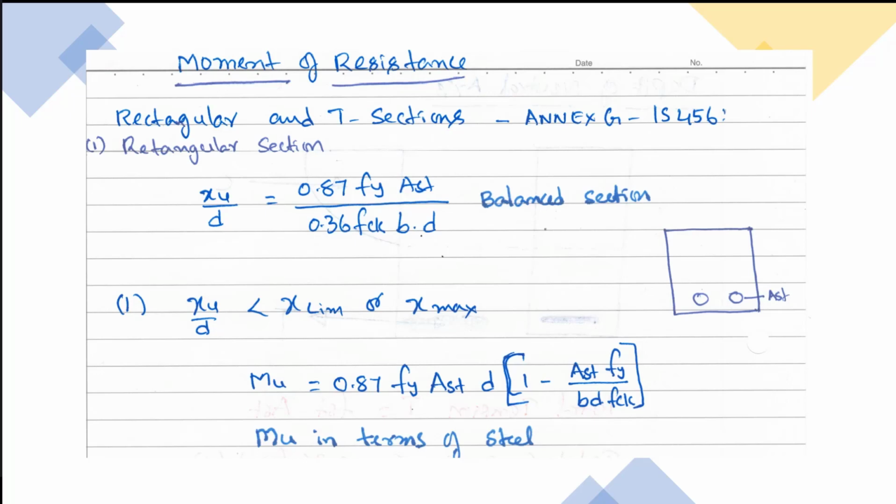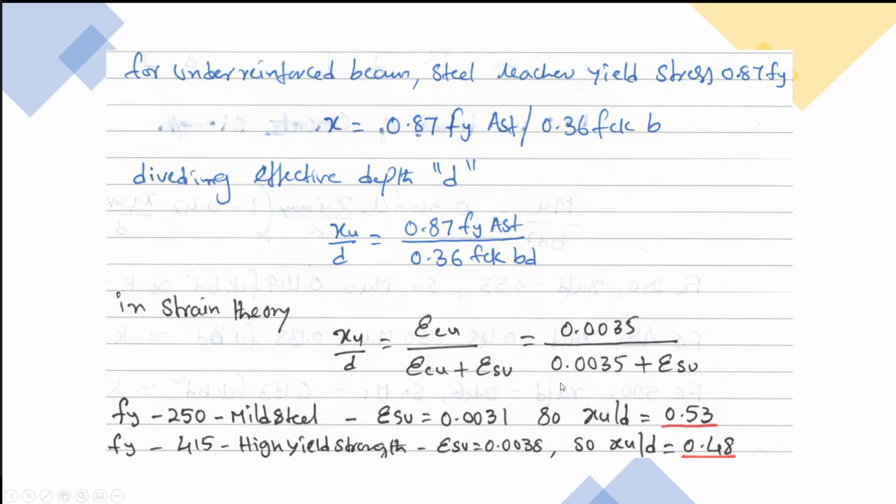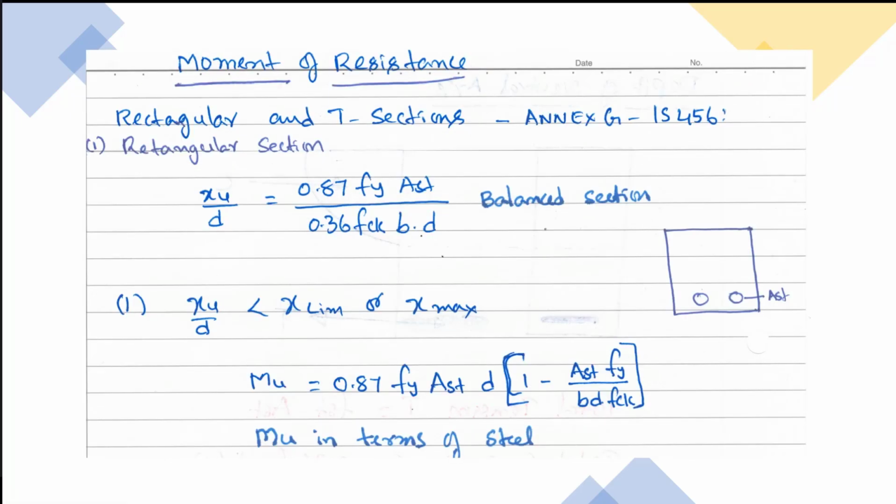So for rectangular sections, Xu by d equals 0.87 Fy Ast by 0.36 fck bd, which is for balanced sections. These are the Xu limited values we discussed: for Fy 250, the limited value is 0.53, and for 415 steel, 0.48 is the limiting neutral axis depth Xu by d.